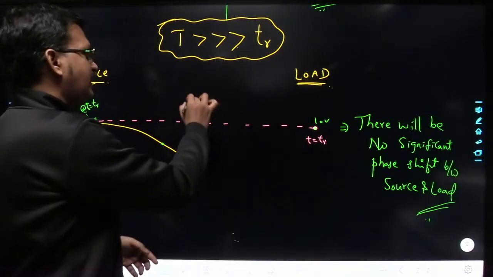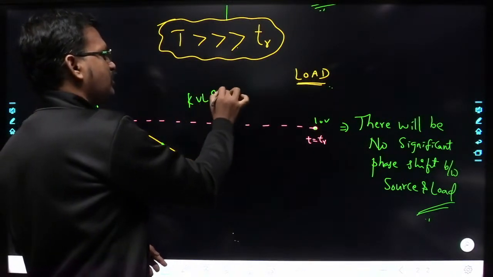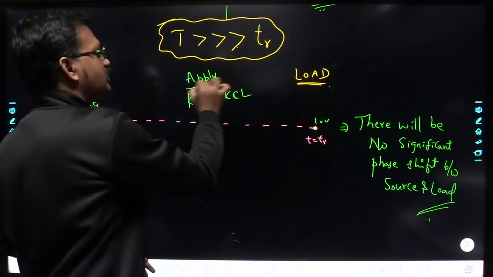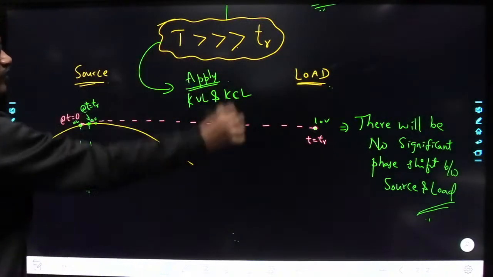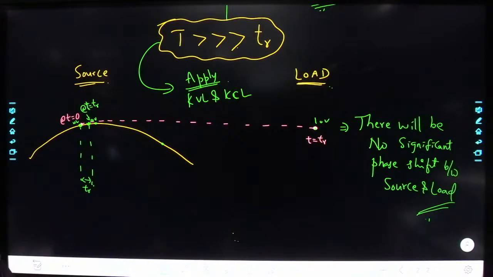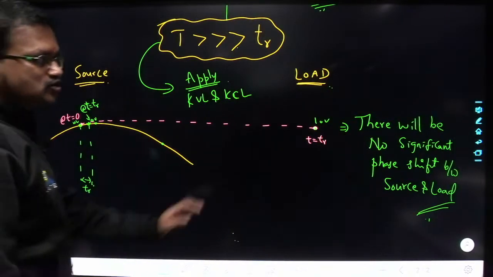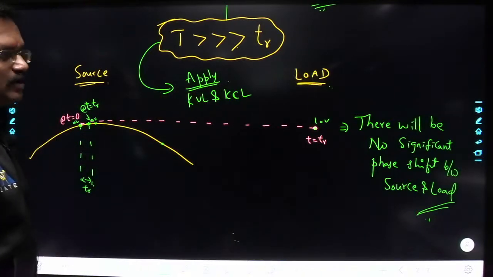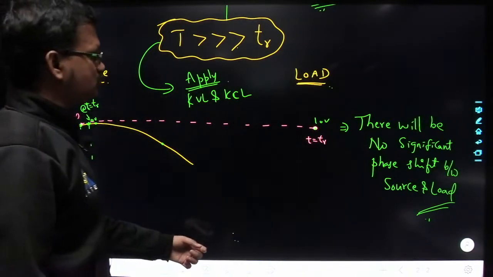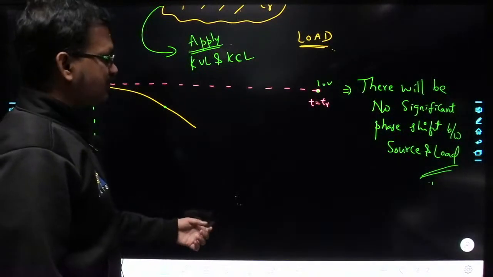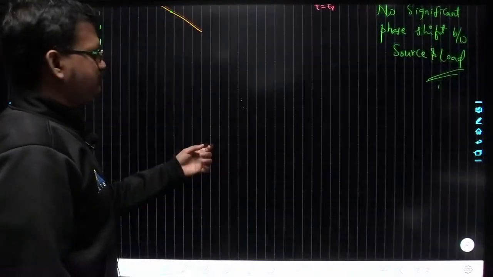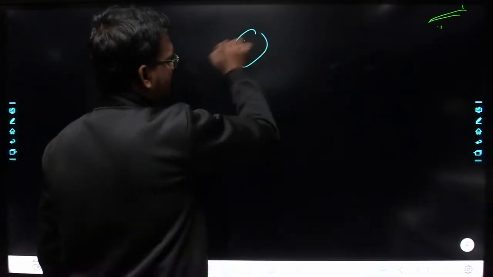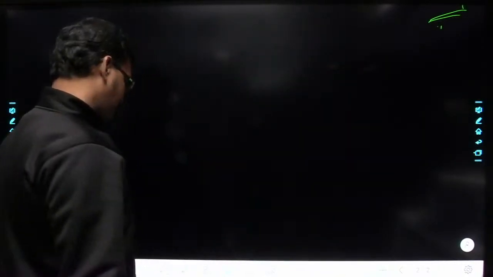You can happily apply KVL and KCL when T is far greater than TR, since there will be no significant phase shift between source and load. Okay, I will explain further. Just first I am giving a brief view, then we will see everything in detail, right?